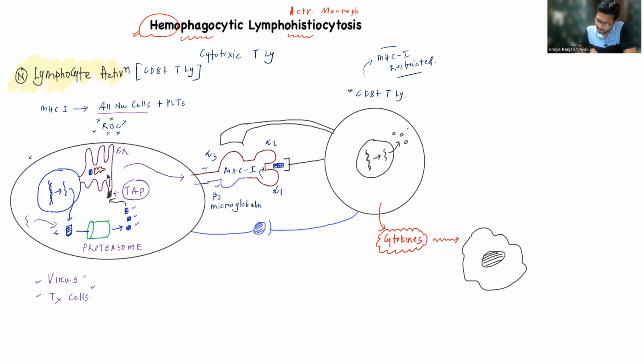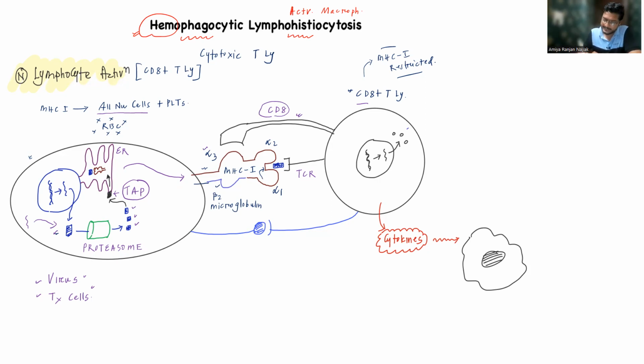As you can see here, this CD8 plus cell has a T cell receptor. With the help of the T cell receptor, it is identifying the antigen which is presented by the MHC class 1 molecule. Once this interaction happens, to further strengthen the interaction, the CD8 molecule, so this is actually the CD8 molecule, will come and bind to the alpha 3 subunit of the MHC class 1 protein.